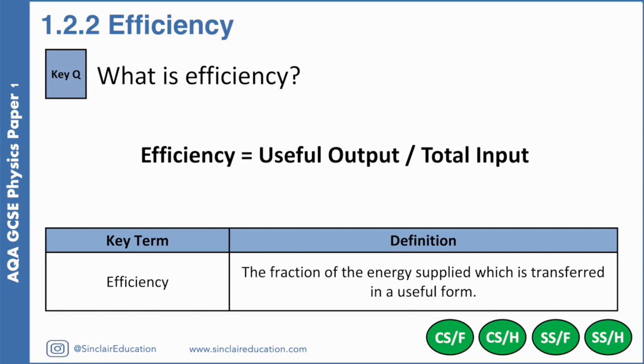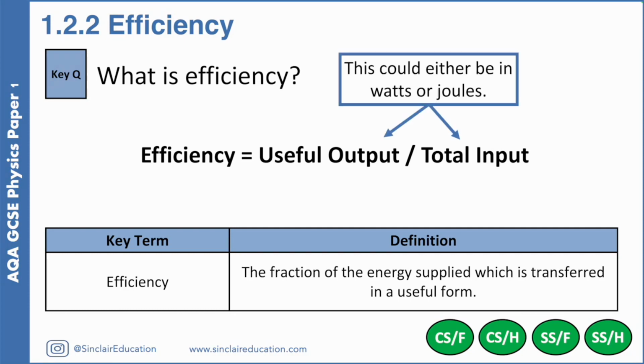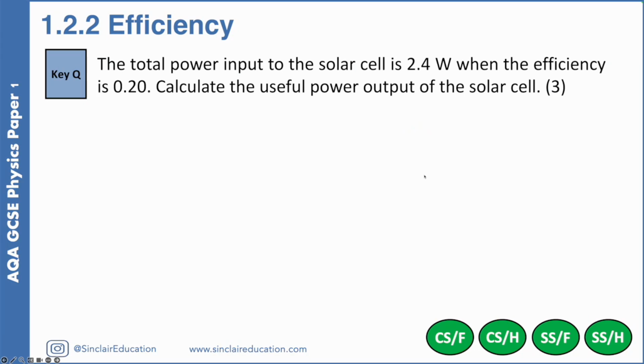So what was used usefully divided by that total. Now this could either be in watts or in joules. So it could be useful power divided by the total power in, or it could be useful energy divided by the total energy in. But it's basically, whatever your efficiency is, you're doing the useful divided by the total that went into this.